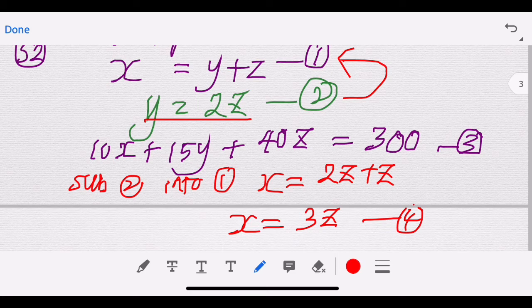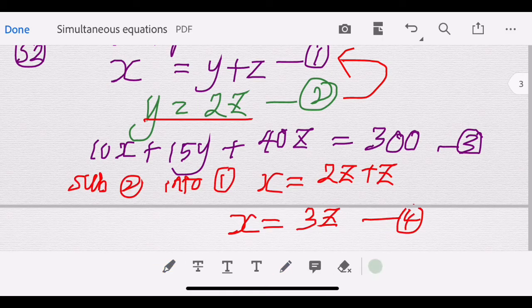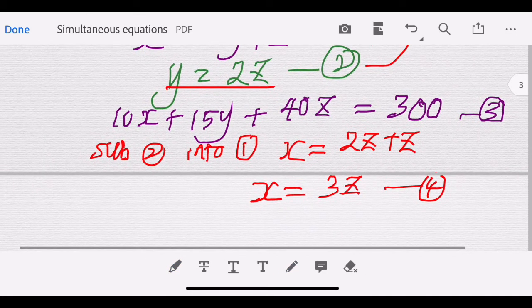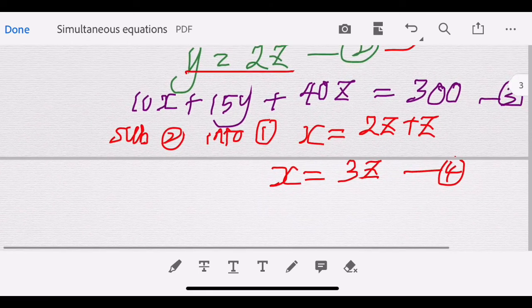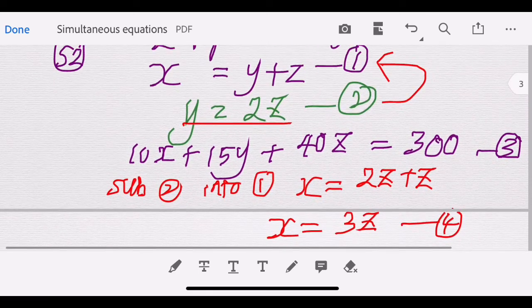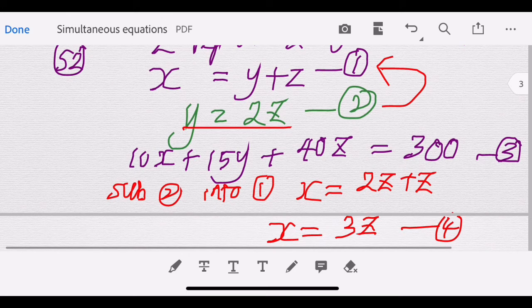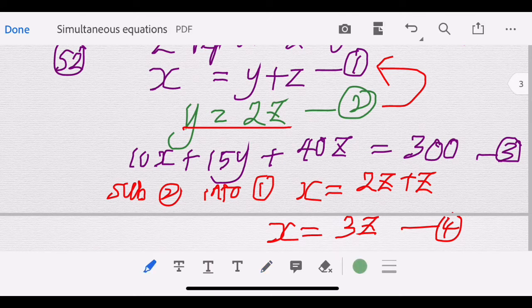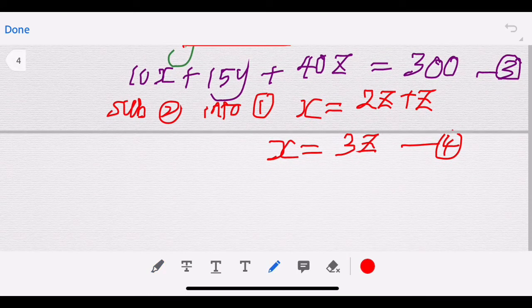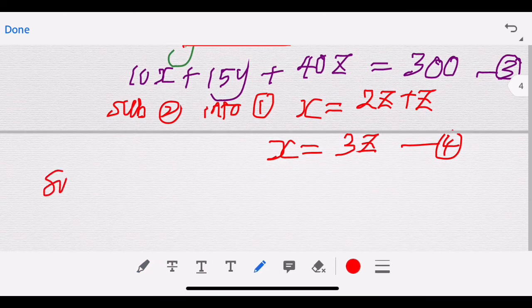Okay, so I'm going to substitute x equal to 3z. We substitute 2 into 3, and also 4 into 3, so that we can convert to one unknown.